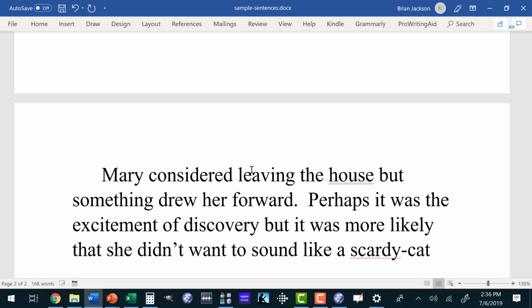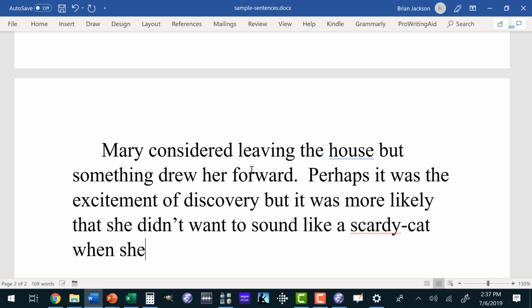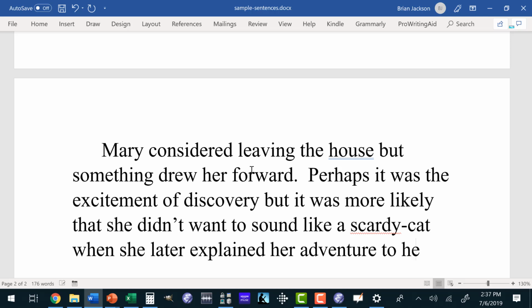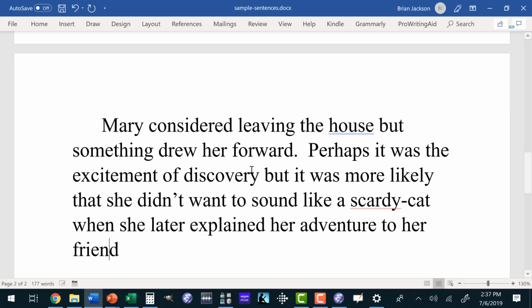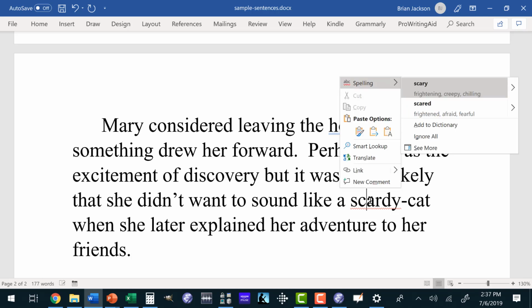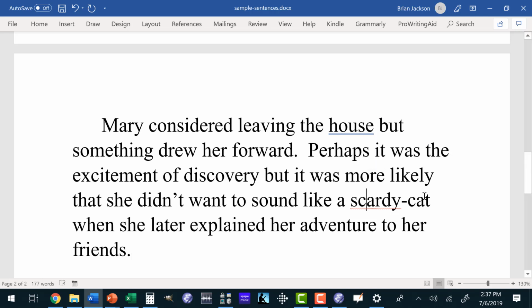Colloquialism there. When she later explained her adventure to her friends. Okay, now scaredy, it's saying, probably doesn't know what scaredy is. Yeah, okay, so we're going to go with that for scaredy cat.